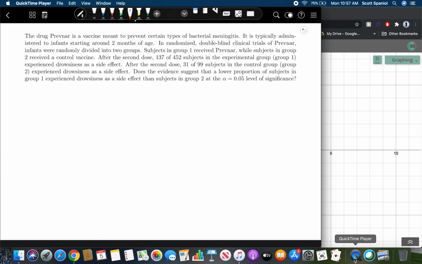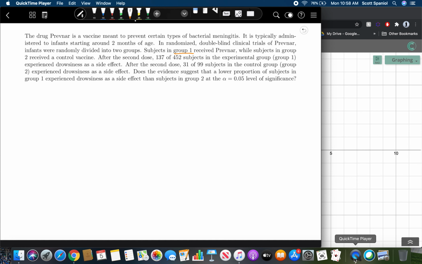Okay, so now you've had a chance to try this. Let's go through it together. So the drug Prevnar is a vaccine meant to prevent certain types of bacterial meningitis. It is typically administered to infants starting around 2 months of age. In randomized double-blind clinical trials of Prevnar, infants were randomly divided into 2 groups. Subjects in Group 1 received Prevnar, while subjects in Group 2 received a control vaccine.